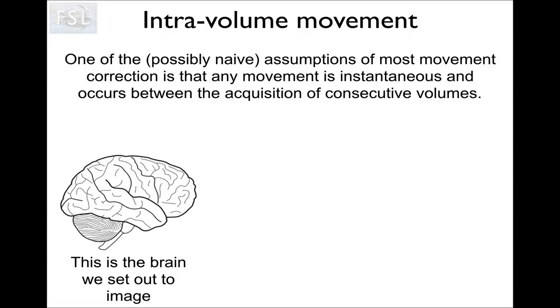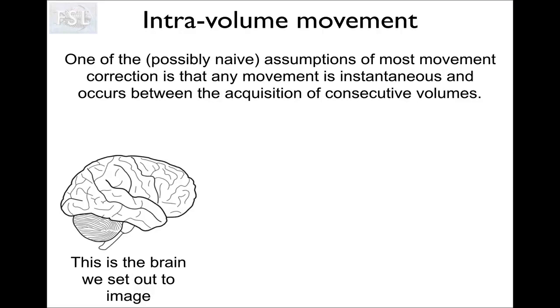If you remember how data are acquired, EPI data are acquired slice-wise. These days we have multiband, so it can be groups of slices, but still you think of it as slice-wise. You acquire one slice, and then the next slice, and the next, and that's the volume. And then you go to the next volume and do the same thing.